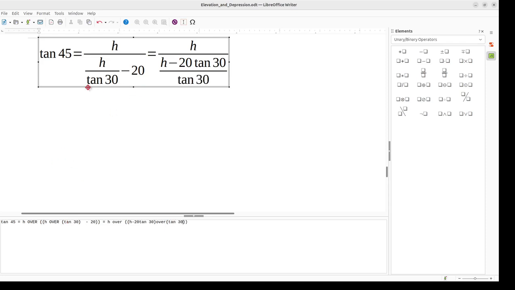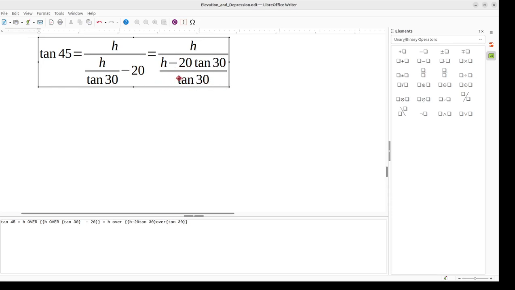Hope you've noticed what we've done here. 20 is over 1, and the LCD between tan 30 and 1 is tan 30. So if you divide tan 30 into tan 30, it's 1 times h, you are getting this h here. Then minus 1 into tan 30 is tan 30 times 20, you are getting 20 tan 30 over that. And that's how we got this one.